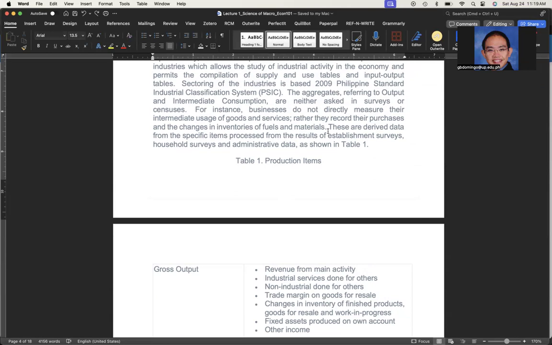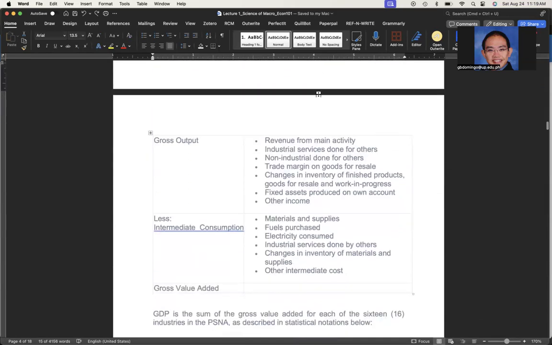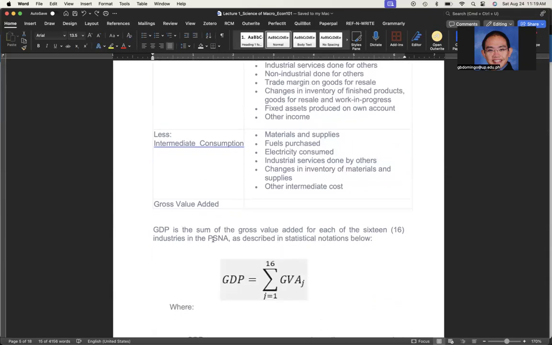It doesn't say, but they are derived from specific items and processed from the results of establishment surveys, household surveys, and administrative data, right? So all of these things are coming from government-funded data on establishment surveys, household surveys, and administrative data, where they get values of the gross output and the values of intermediate consumption for the different PSNA groups, 16 industries from the PSNA groups.